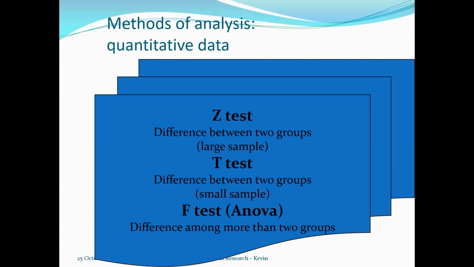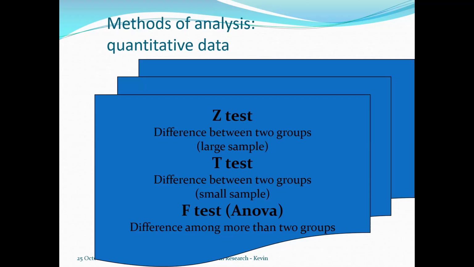So in computer software, we only say T-test. We don't speak of Z-test. That is only in textbooks. If it is a large sample, the Z-test formula will be applied. If it is a small sample, the T-test formula will be applied. That's all.